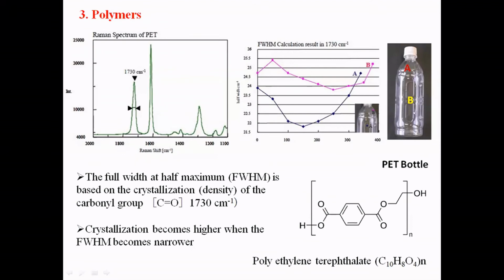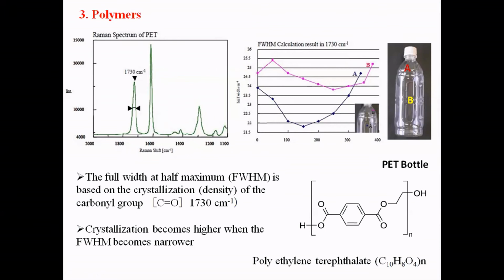So one can do Raman on different portions. Then you plot the full width half maxima of a particular group. So this is a PET, polyethylene terephthalate group, which is responsible for that polymer. So that value will tell you the crystallinity, which portion is highly crystalline, because as I told you, the full width half maxima is mainly related to the ordered, I mean, crystalline structure of the material.